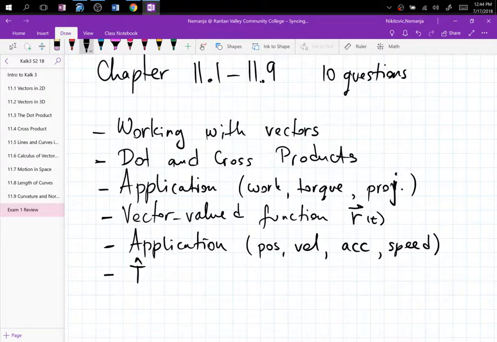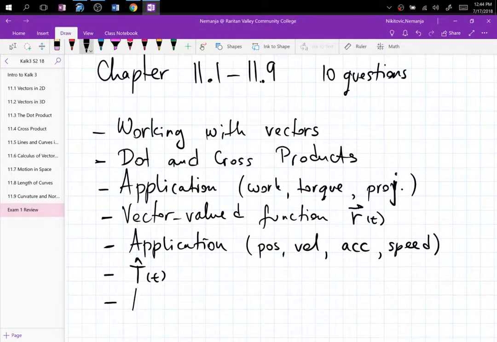I'm going to single out the unit vector t because it's important. You absolutely must know how to find this vector. Working with vectors also involves unit vectors. So addition, subtraction, scaling, components, notation, unit vector definition, all of that stuff that was in 11.1 and 11.2 is in the first bullet point.